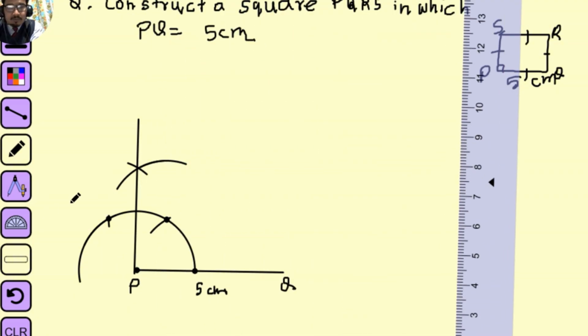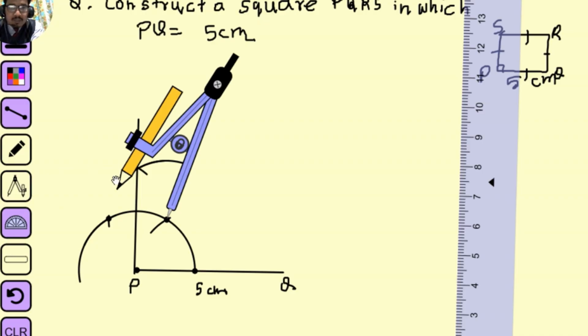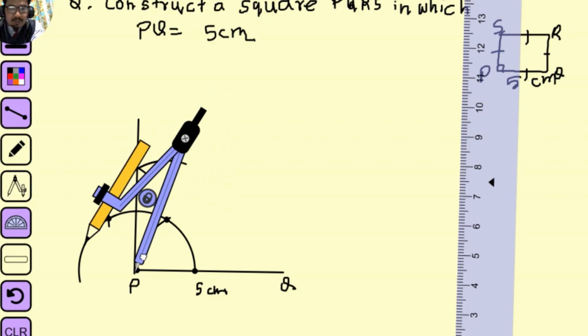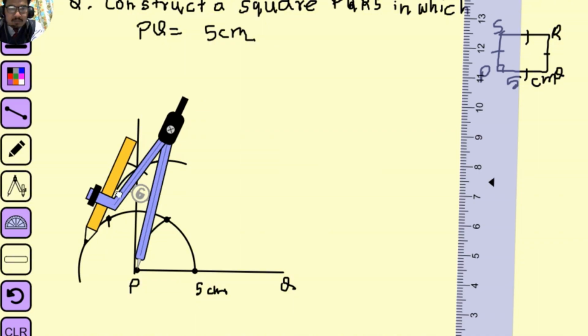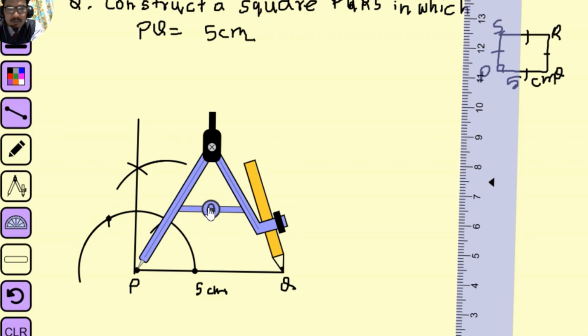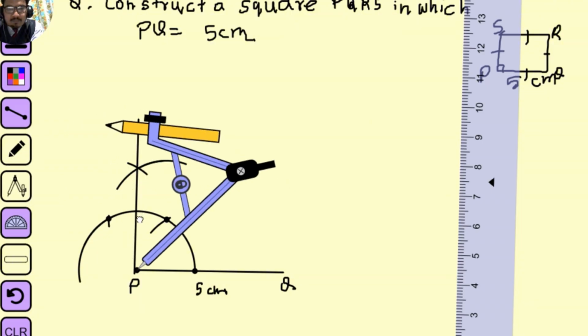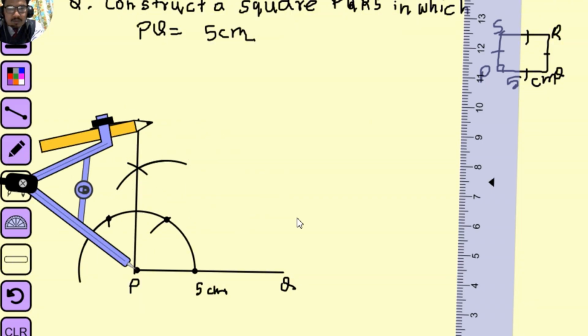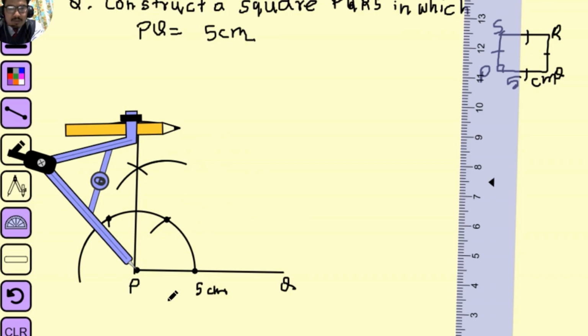And now look, we know that all sides are equal. What was the length here, the previous one? See here, this PQ length, and that much length you have to cut here also. See, here also cut up. This is also 5 centimeter.